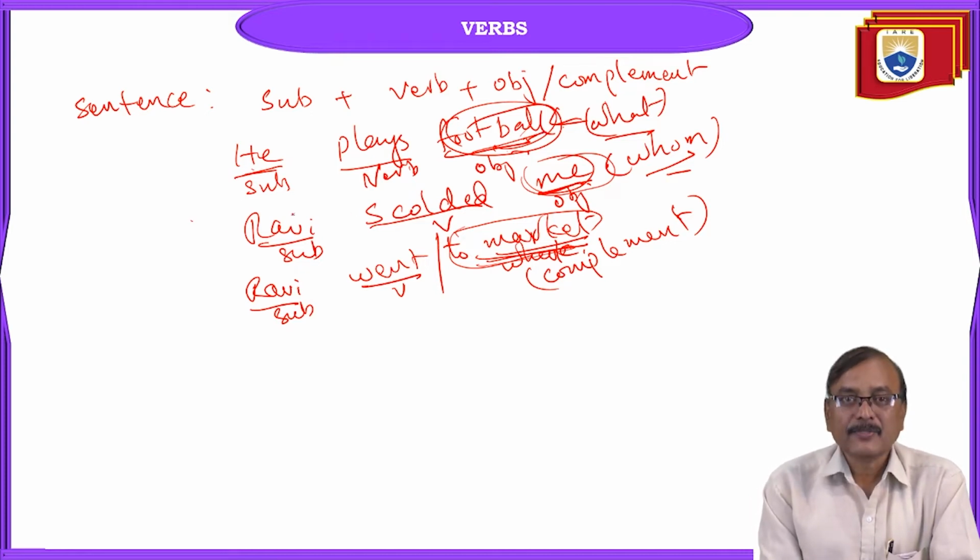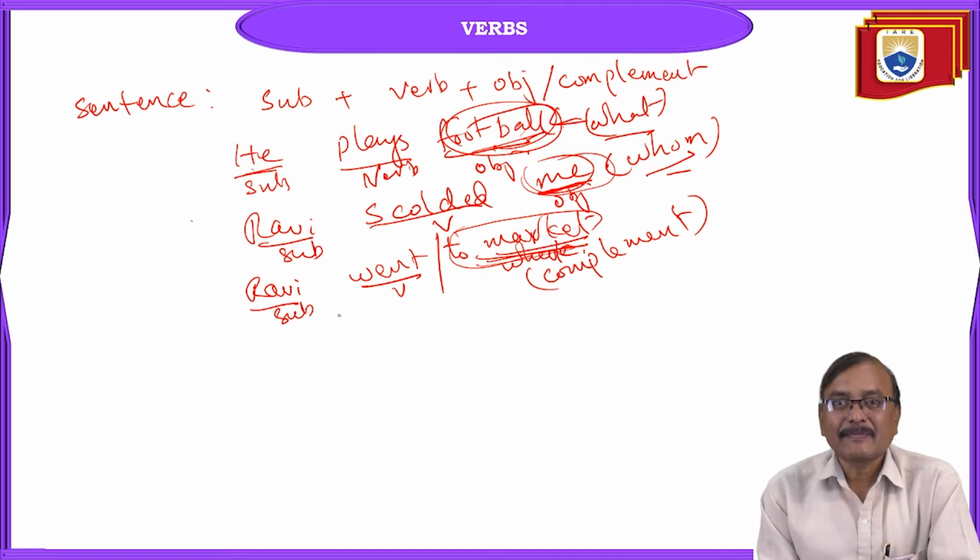Here, I was scolded by Ravi. Bring this object to this side, subject to this side, and change it into passive voice. I was scolded by Ravi. Clear? That means passive voice is possible, so you can consider this an object. Next, try to change this one into passive.